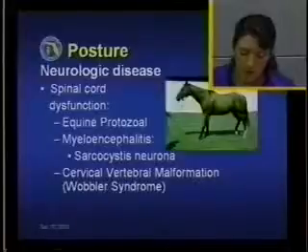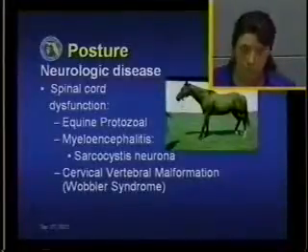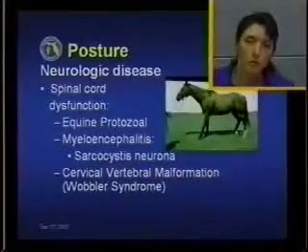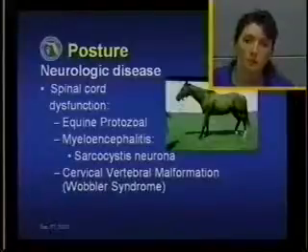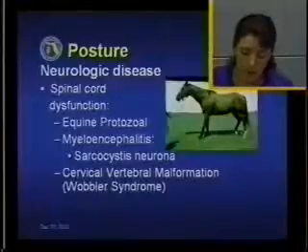So these postures can be fairly characteristic of spinal cord dysfunction. The cervical vertebral malformation will be most commonly observed in young horses that experience fast growth or are on a high plane of nutrition.